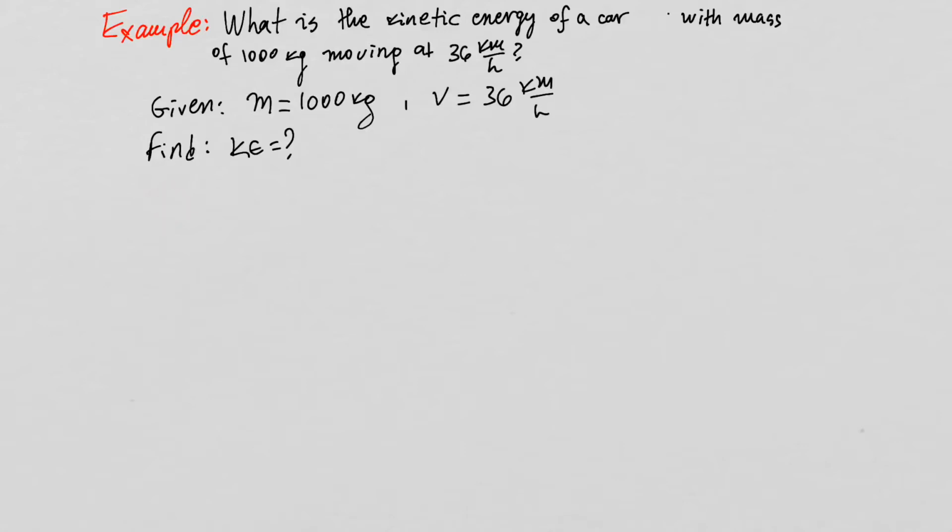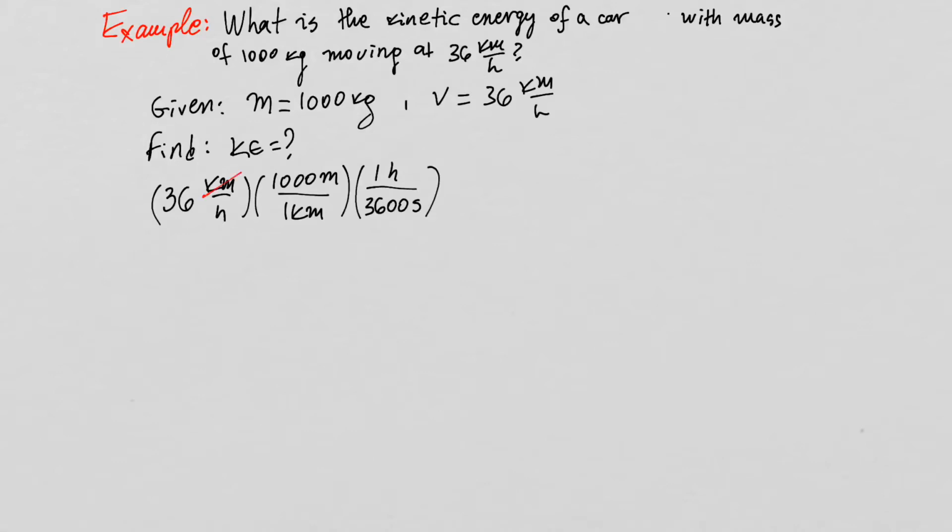So to convert kilometers per hour to meters per second, we do the following. We multiply 36 kilometers per hour by 1,000 meters per 1 kilometer, and also by 1 hour per 3,600 seconds.